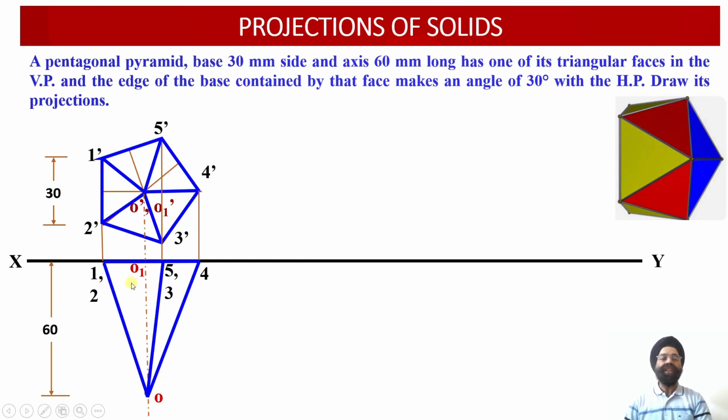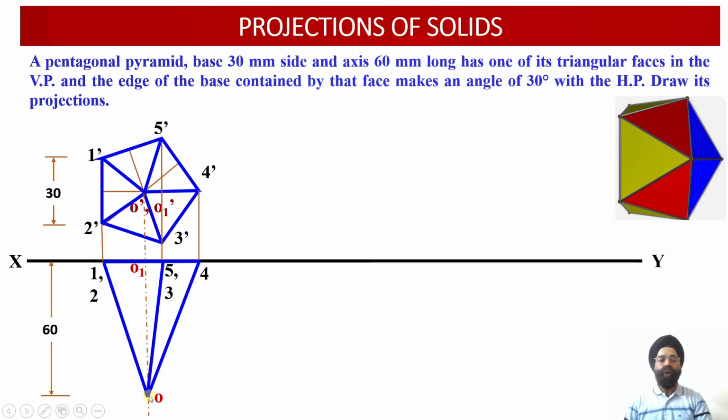So the top view projection of O1 is going to supersede the hidden line projection corresponding to the slant edge O2. Similarly, here once again O dash 3 dash is a slant edge which is lying on the rear side of the observer. The observer is looking at the solid from this side. So this slant edge, that is O dash 5 dash, will be visible to the observer. So the top view projection O5 of this slant edge will be drawn with an object line, whereas the projection O3 of this slant edge has to be drawn with a dotted or hidden line.